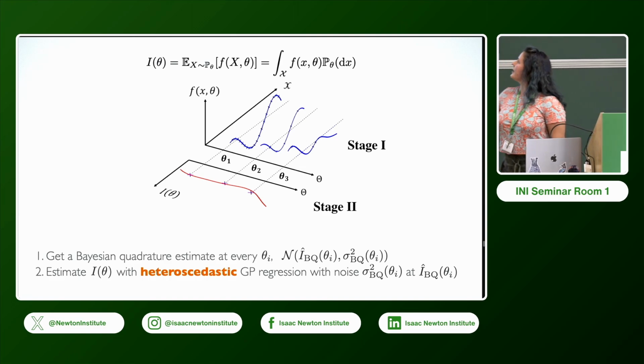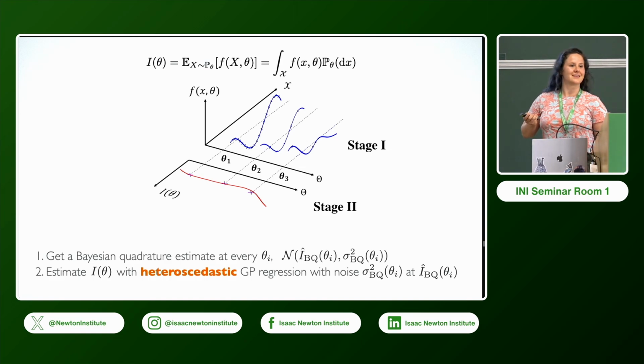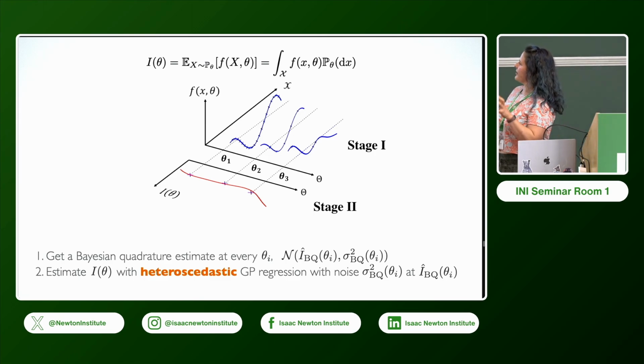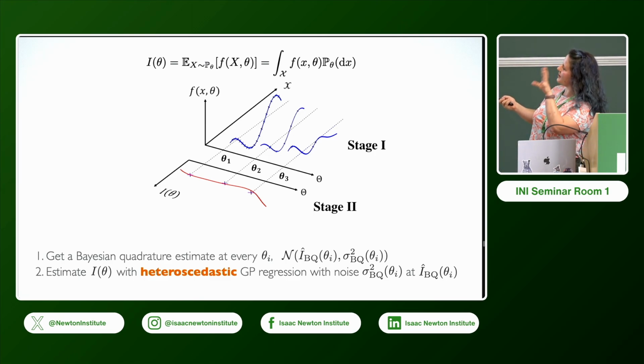So here is the proposed method. It is a two-stage method where in stage 1 we are using Bayesian quadrature to get an estimate of I of theta on each available theta 1 to theta t. Note that here the uncertainty over the function might vary depending on the value of theta.